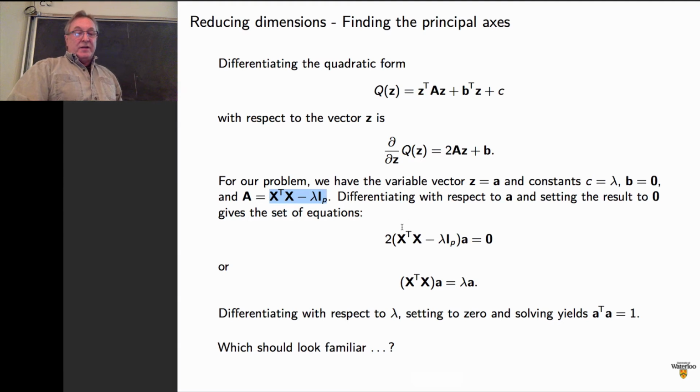So differentiating it, setting it to 0 and solving, I've got this system of equations here. In this up here, this is 2, the A is that thing, the Z is this little a. Set it equal to 0 and solve.